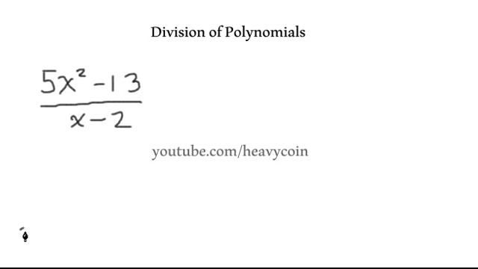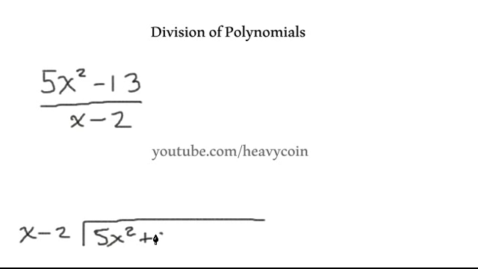So we're going to set this up, x minus 2, 5x squared. Now, we must put in a place, kind of something to hold this place, and that's 0 times x, minus 13. There's not an x in here, but we're going to put one here, but just put 0 here.